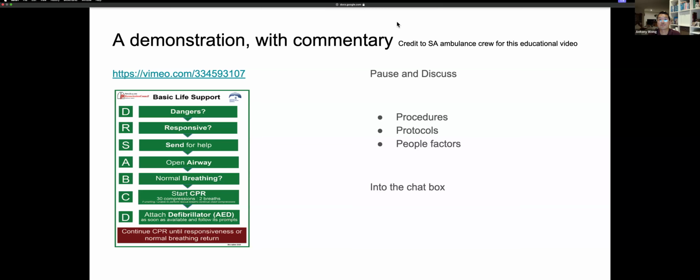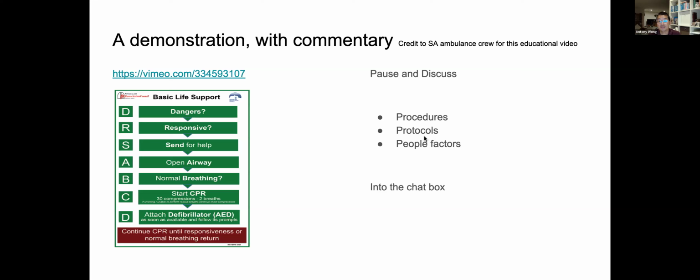Relevant protocols would be our BLS algorithm and our use of the ambulance checklist. And people factors, you can see how they have good team delegation, good leadership, clear, concise communication, as well as decision making.